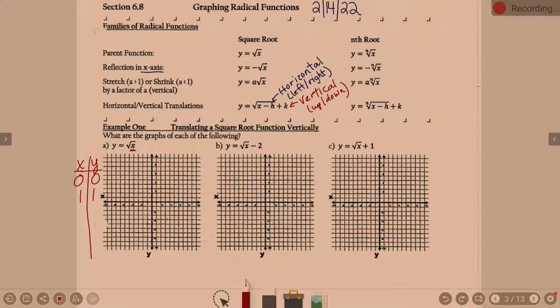I heard Emma say 4. Why did she skip 3? Yeah. Square root of 3 is a decimal again. But when we get to 4, what do you know about 4? Square root of 4 is 2. If I ask you for one more number, what would be the next x value after 0, 1, 4? 9?